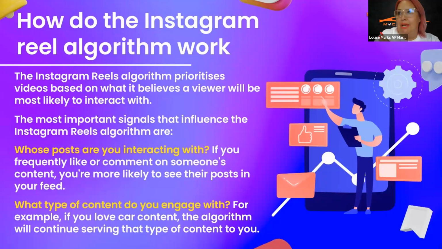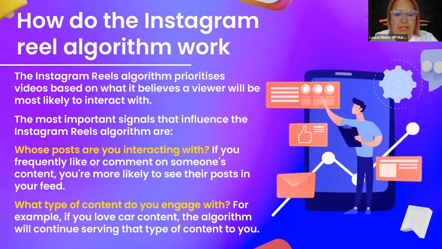Also, let's say, for example, there is somebody on Instagram that's not following you, but is looking at car content. What will end up happening is the Instagram Reel algorithm, that's a mouthful, isn't it, will go, hey, this person looks at car content a lot. I'm going to show this Instagram Reel on this person's Instagram.